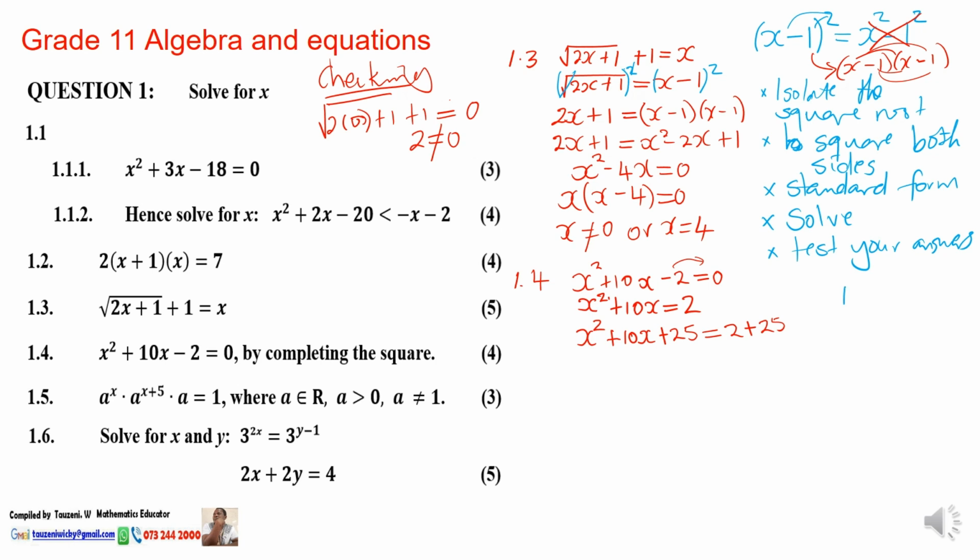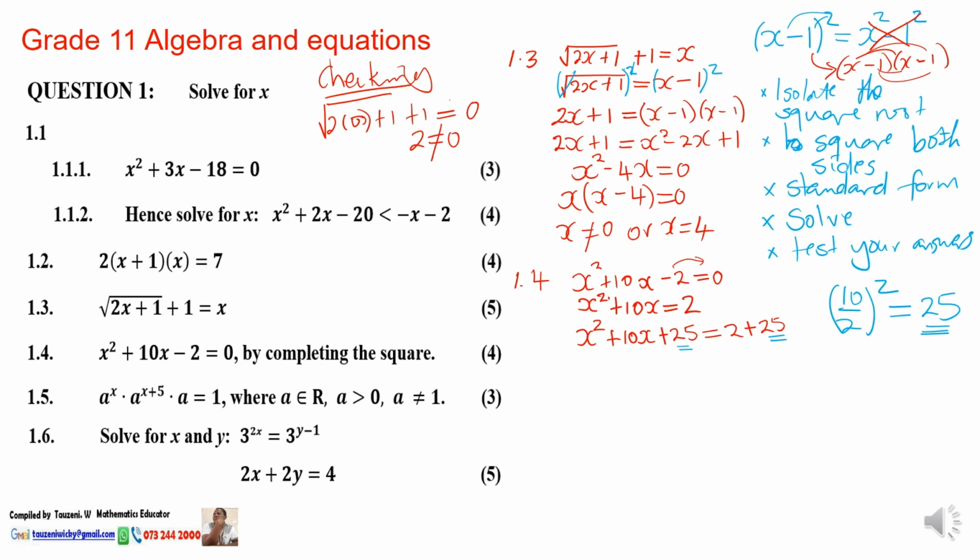So I divide 10x, 10 divided by 2. The answer that I get, I square. So 10 over 2 is equal to 5. Then if you square the 5, you get 25. The answer that you get after squaring, you add that answer to both sides of the equation.